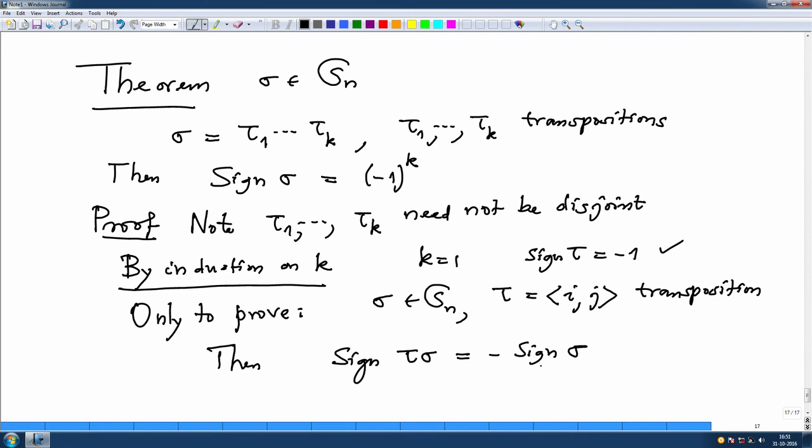That means I want to show that the number of orbits of tau sigma and sigma differ by 1.